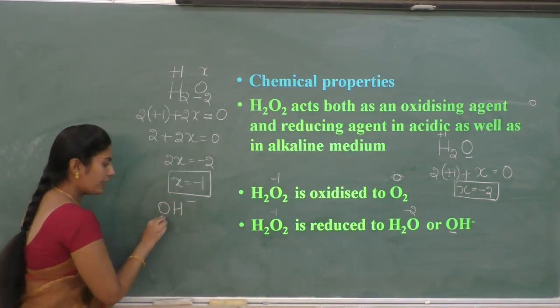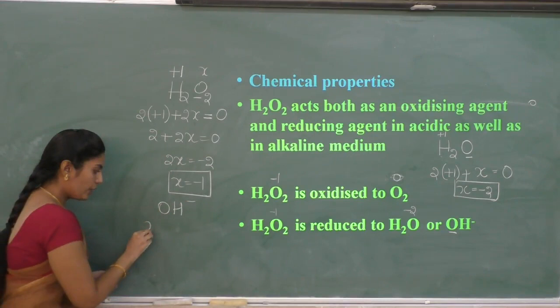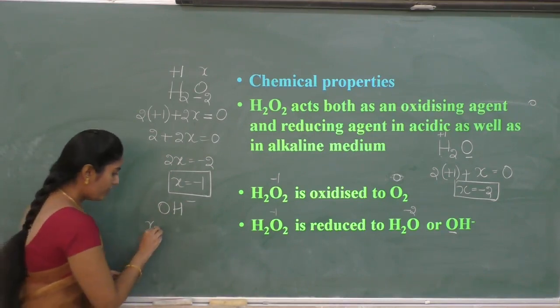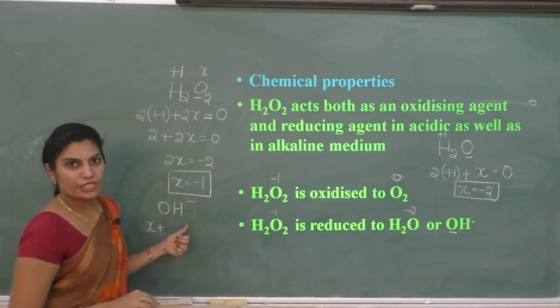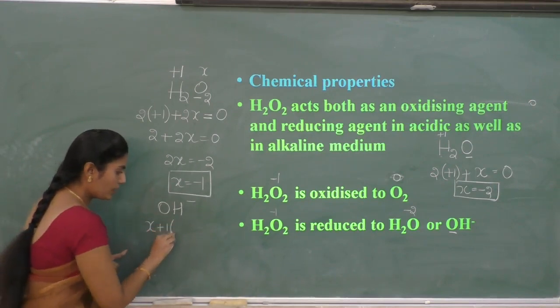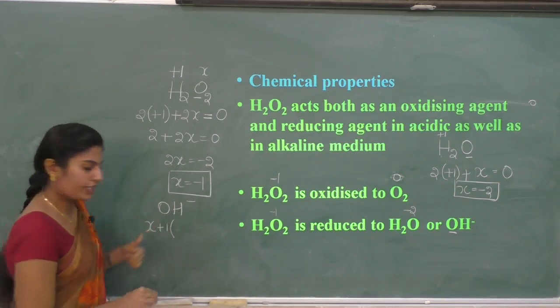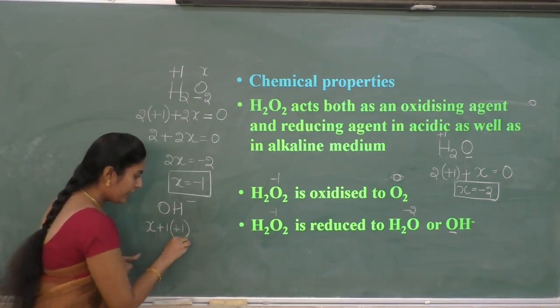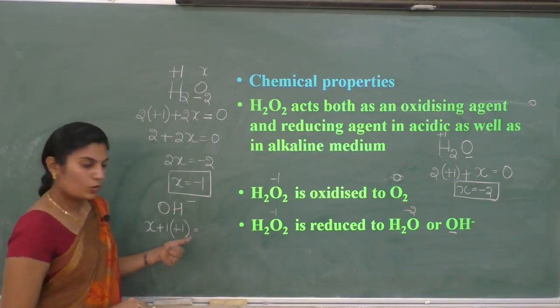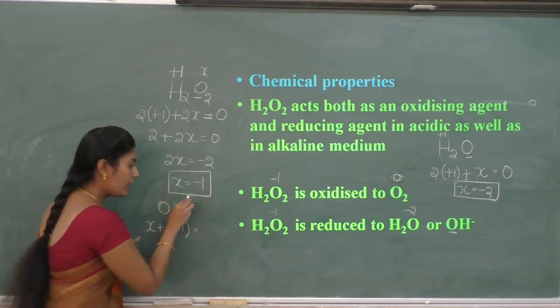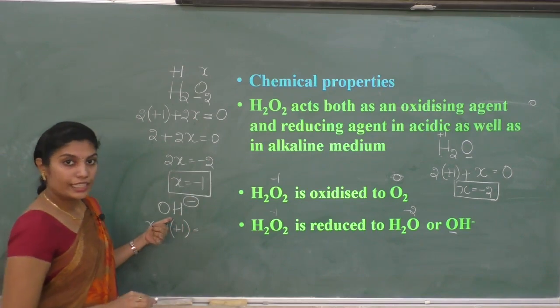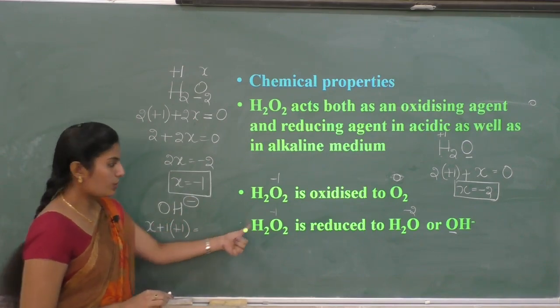Similarly, if we calculate the oxidation state of oxygen in the OH minus ion, what will be its oxidation state? Here we don't know the oxidation state, we consider it as x, plus the number of hydrogen atoms, 1. What is the oxidation state of hydrogen? +1. It is equal to, what is the charge on the ion? Here it is not equal to 0, as in a neutral compound.